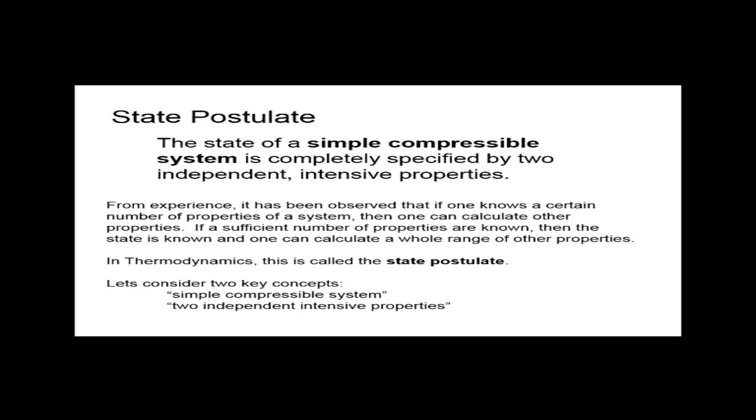If you know that, then you can get other values, look them up in tables or calculate them in different ways. This is called the state postulate. It's a little abstract, but we use it often. It has to be a simple compressible system, and there are just two independent intensive properties.